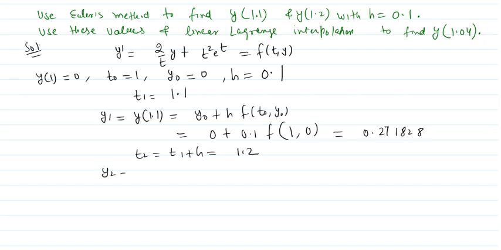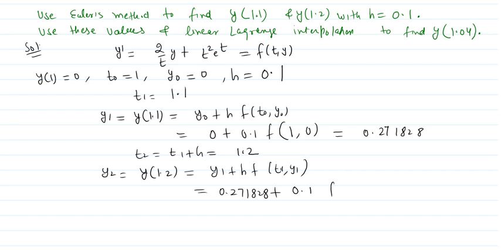Okay, similarly next point t2, that is t1 plus h, that is 1.2. So y2, so y at 1.2, is just y1 plus h f(t1, y1). So y1 is 0.271828, h is 0.1, t1 is 1.1.